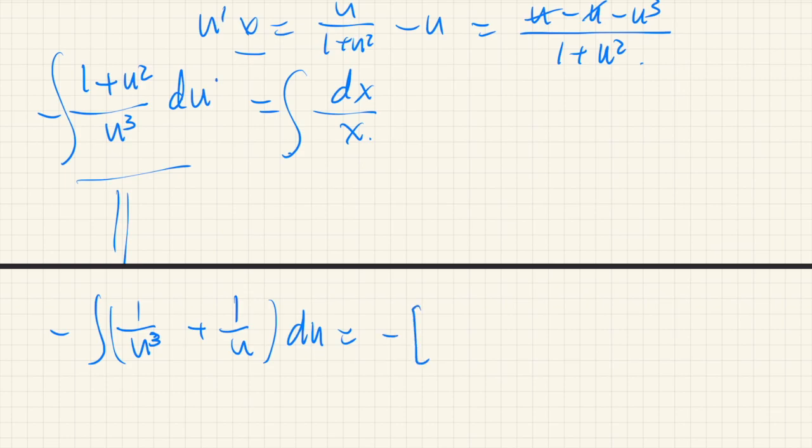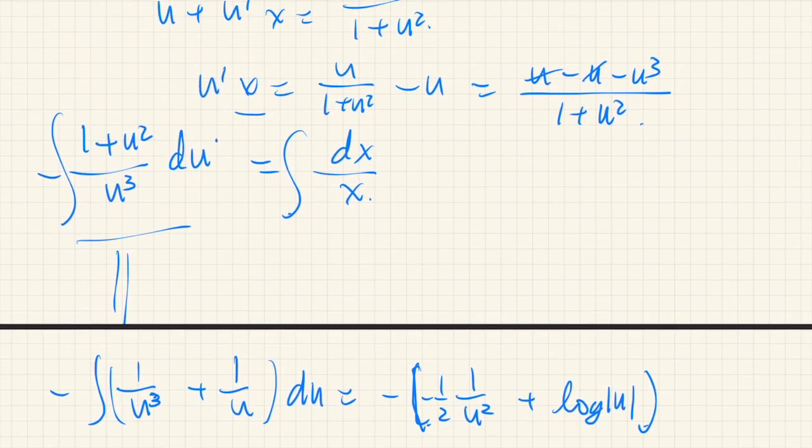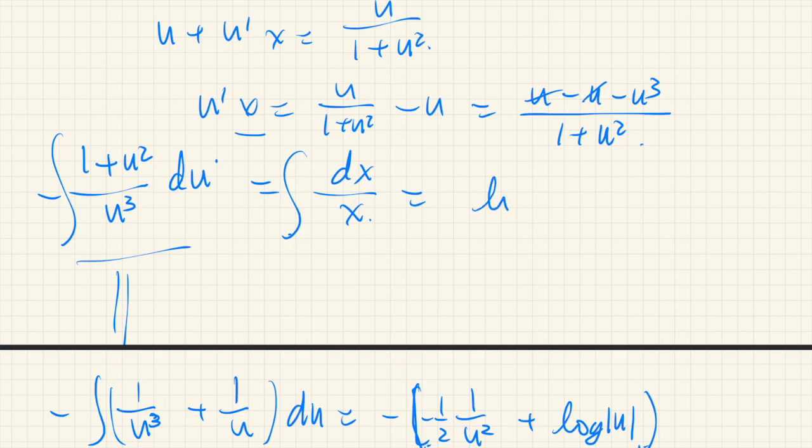So that is 1 over u squared times negative 1 over 2, and plus log of u, and the right hand side is just log of x.